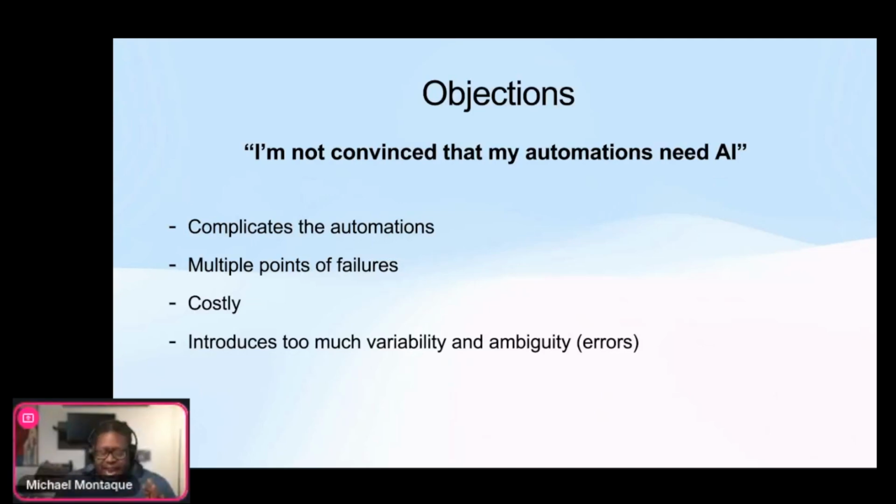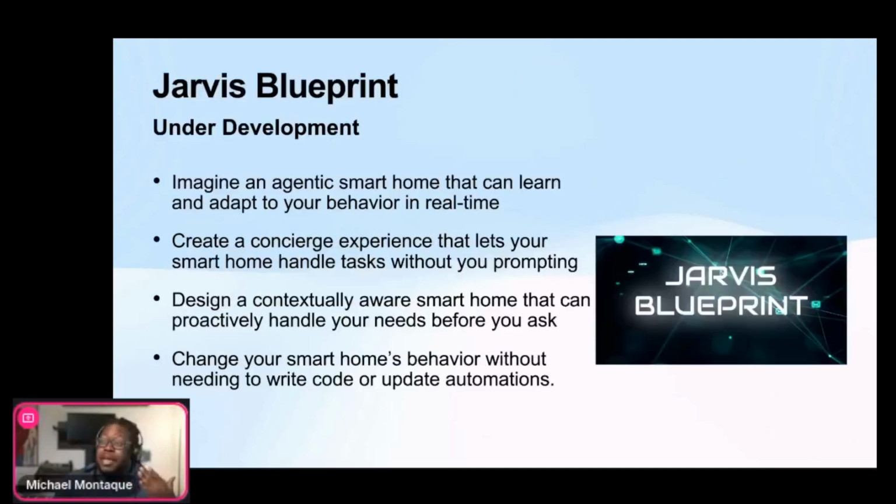So I get that entirely, which is why I've been exploring this for quite some time now and started creating the Jarvis Blueprint. It's still under development, but the idea is that, because this is such a new frontier, as I mentioned at the very beginning, I wanted to at least have my voice in the ring to say, hey, I know this is new, but here's a way that we can approach this.